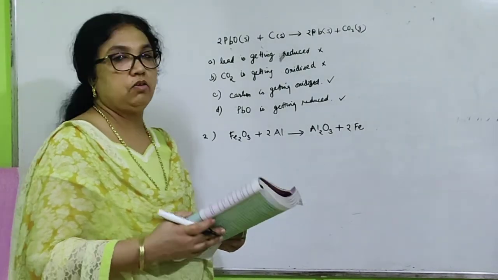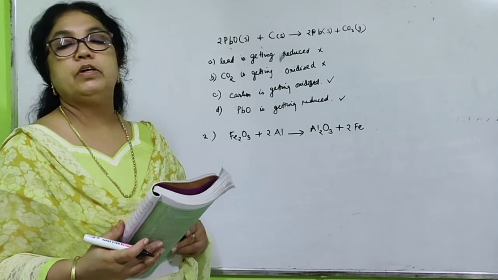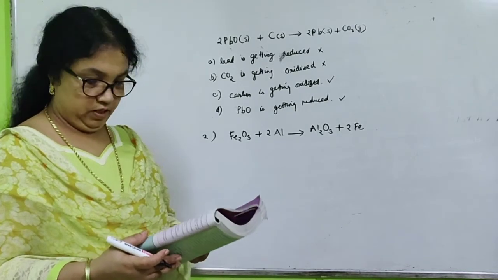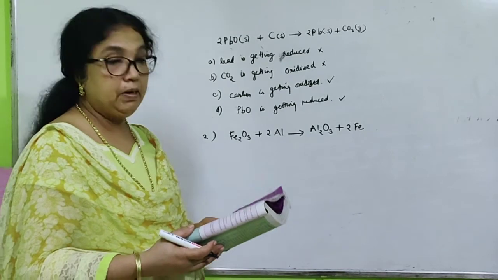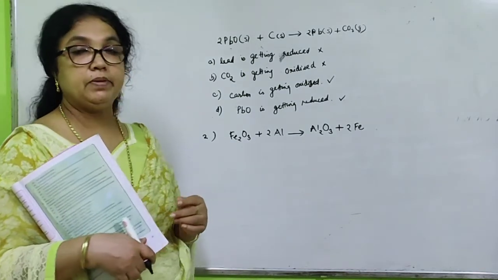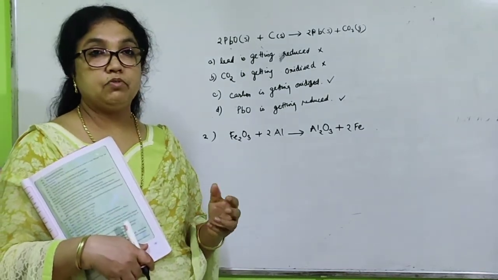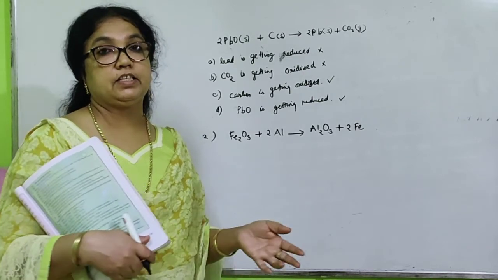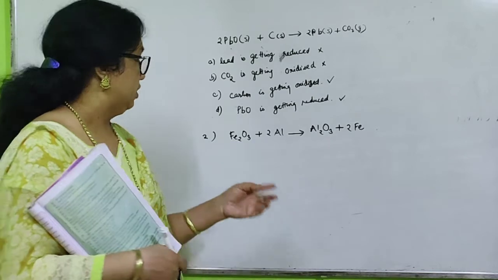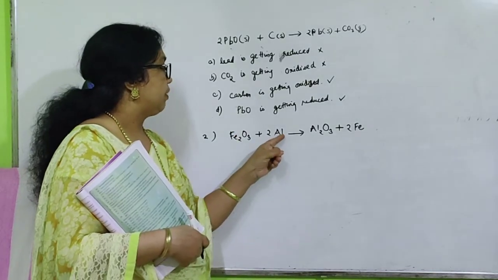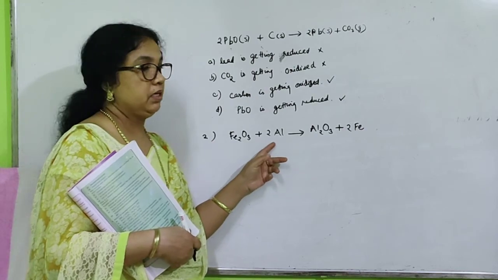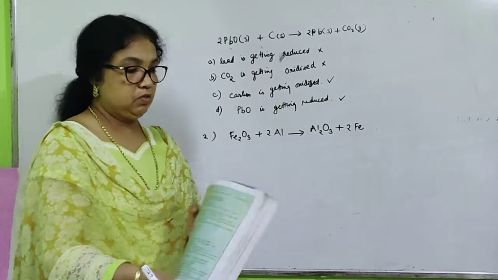Is it a combination? Combination reactions are what? When two or more reactants combine to form a single product, that is called a combination. So it is not a combination. Double displacement means atoms or groups of atoms or ions are exchanged between the reactants. Here no exchange is coming from aluminum, so it cannot be double displacement.